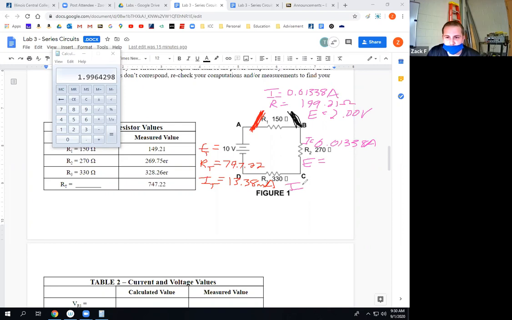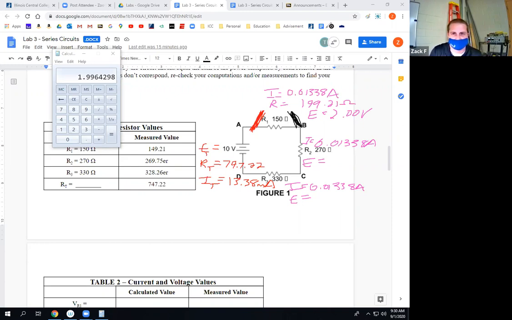R3, current's going to be the same, I equals 0.01338 amps. So the voltage drop there is going to be a little different. Then you're going to measure across each resistor to see what your actual voltage drop is.